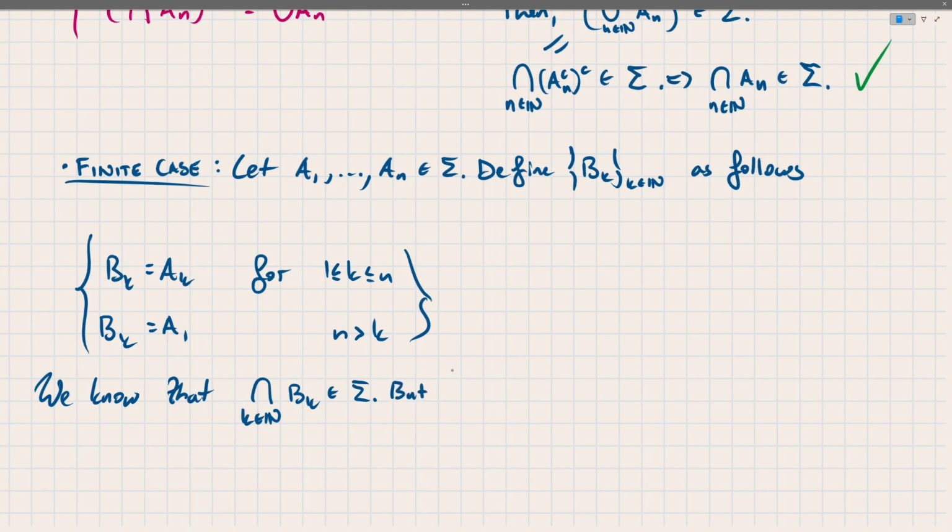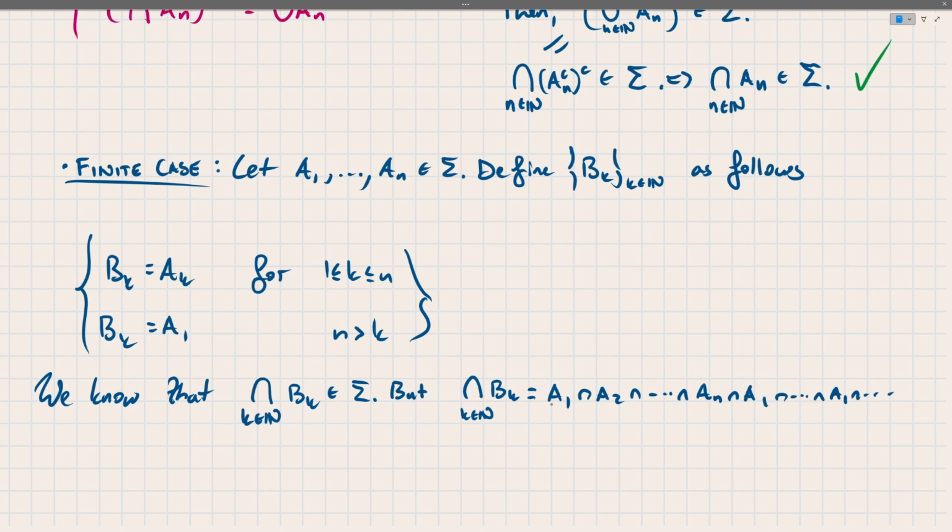This intersection is just equal to A_1 intersection A_2 intersection all the way to A_n, and then after A_n, we just keep intersecting A_1.